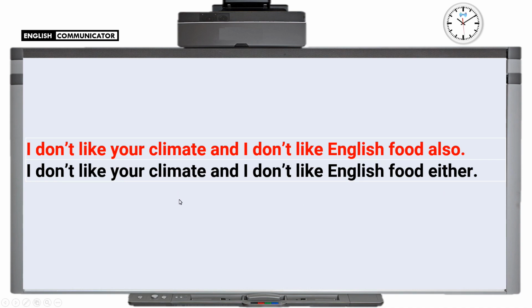If you don't like shopping and you do not like walking, you say I don't like shopping and I do not like walking either. So two times when negativity comes, you say either. Either means one of them you don't like or both of them you don't like, but you can't say also, because also means you don't like but you like. That's a thinking error, so try to avoid these things. If you don't like anything, say I don't like this and this and this, either of them I don't like.